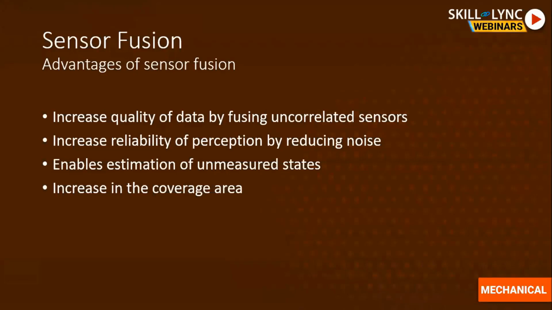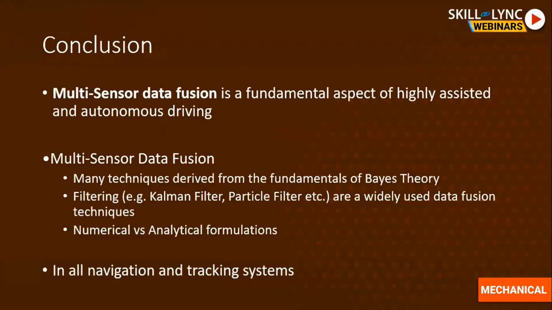As I mentioned before, states like velocity and position of a particular object cannot usually be measured, but using sensor fusion you can easily obtain them by estimation techniques. And then you can increase the coverage area using estimation again, like the Kalman filter.